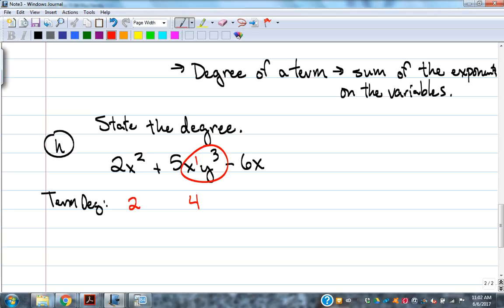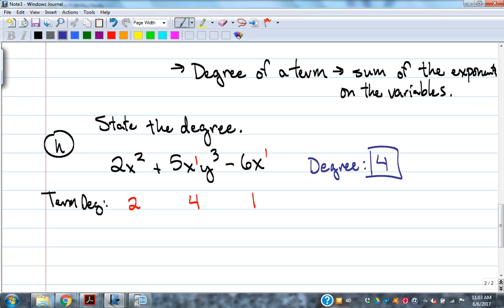What's the degree of the last term? 1, because the exponent on the x, when there's nothing written there, is a 1. Now, that's the degree for each term. The degree for the polynomial is the biggest one. The degree is 4.